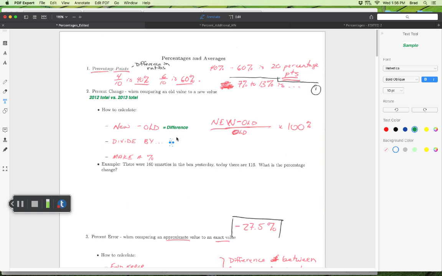It makes sense for us to compare it to the old number. If we're changing, we're sort of using the old number as our base, and the new number has some sort of change compared to that base. So we will divide by the old number, our old value.